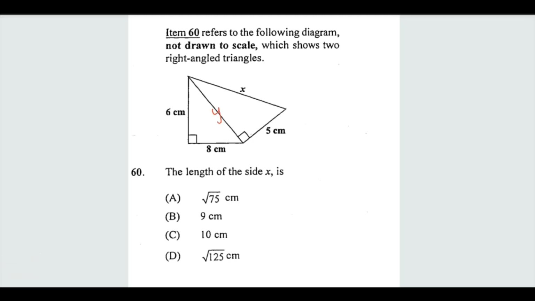Let's call this y, right? y squared is equal to 6 squared plus 8 squared. y squared will be equal to 6 sixes, 36, plus 8 eights, 64. So y will be equal to the square root of 100. So y is equal to 10.